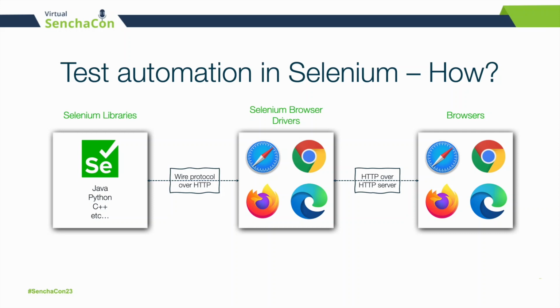These browser drivers convert the JSON protocol commands and send them to the browser. Once the browser executes the command, it sends the response back to the driver, and this happens over HTTP. Once the driver gets the response, it again converts it into the JSON protocol and sends it to the Selenium library. So this is how test automation is achieved.